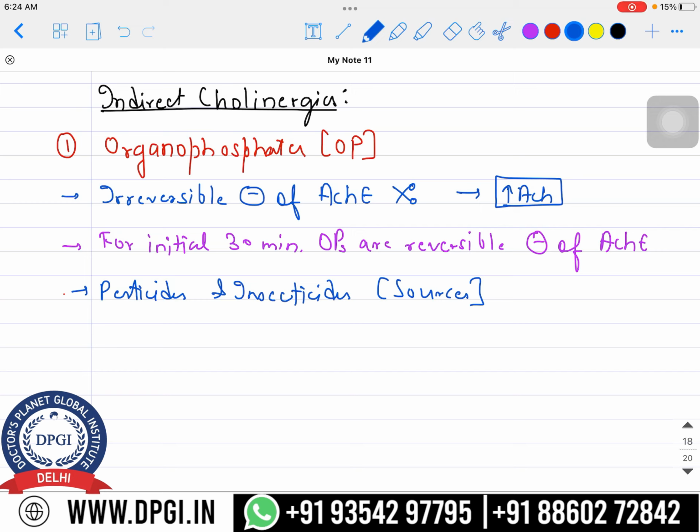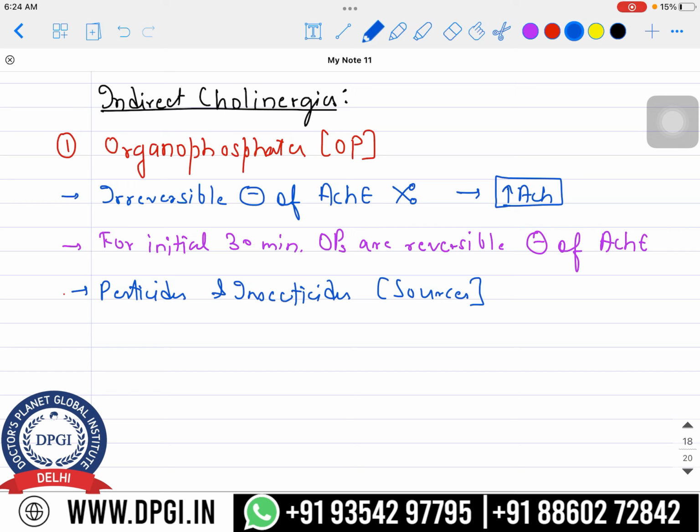They cover their mouth and hands as much as they can, but still, if drops come onto the skin surface, they can be reabsorbed into the blood circulation and cause OP poisoning. That's why they are very, very harmful.